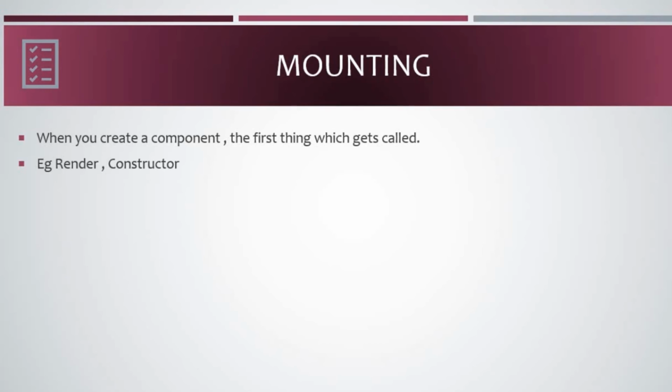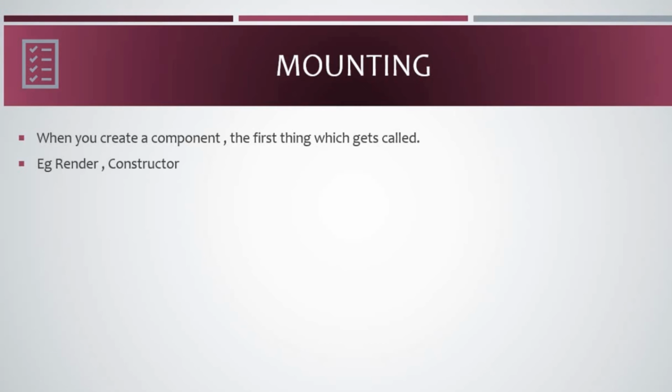Say for example, if you have properties being passed from your parent component, and you are using these properties in the state, you are going to initialize or declare a state based on the props value. At that time, you have to use getDerivedStateFromProps.